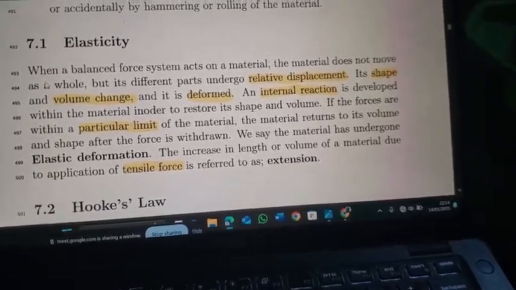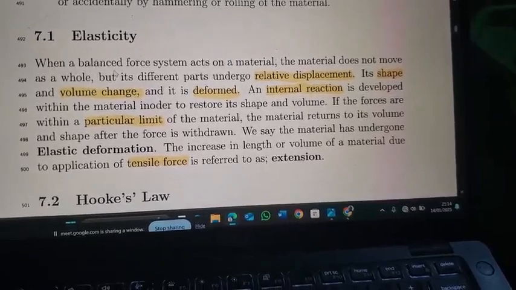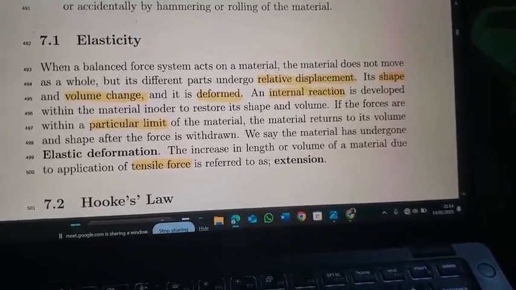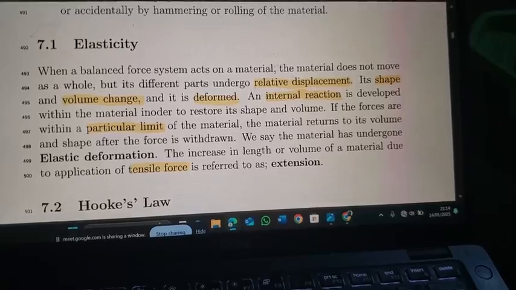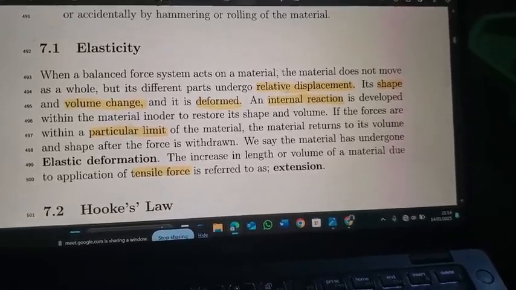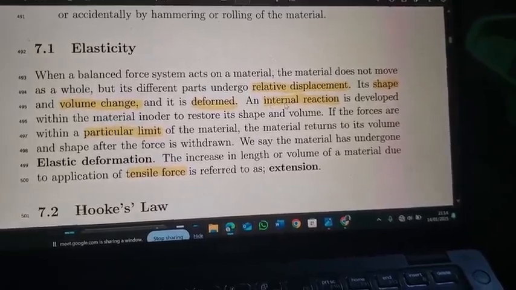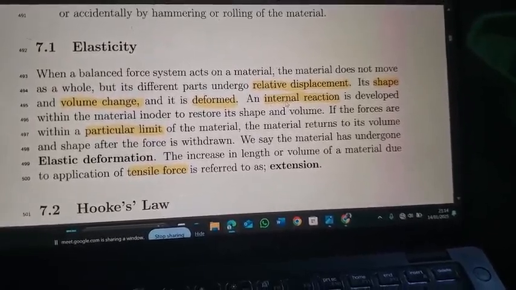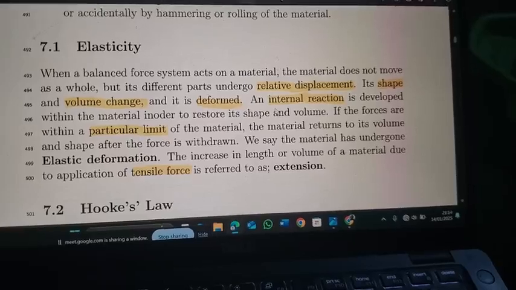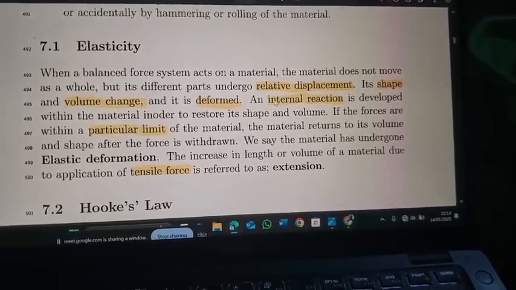So when you talk about elasticity, we are referring to that specific property of a material that enables it to return back to its original shape and size or volume when a deformation is removed.